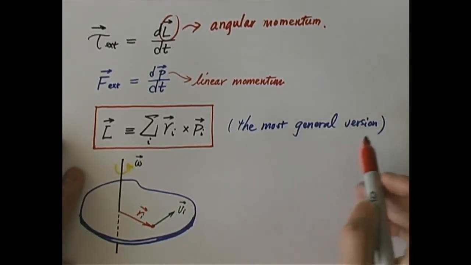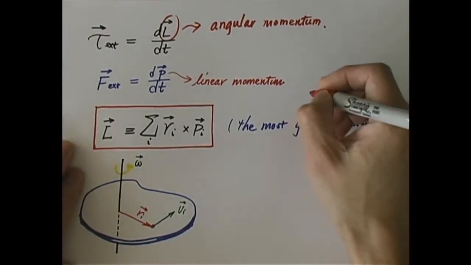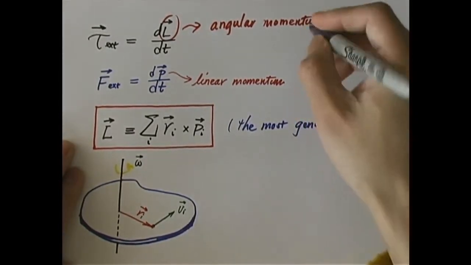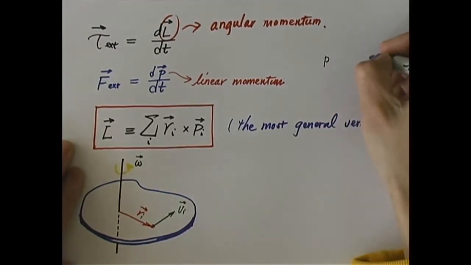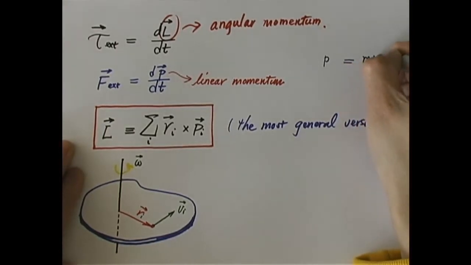I say it's the most general version, but it does not remotely look like something we would expect from analogies with linear momentum, because linear momentum is m times v, right? So if you think that p and L should be analogous, but p is equal to mv.